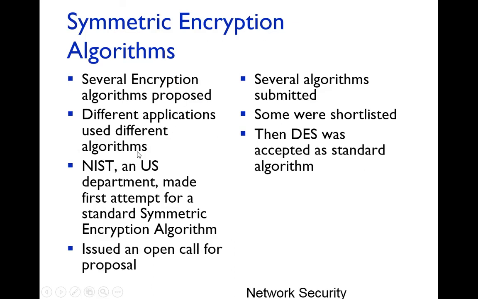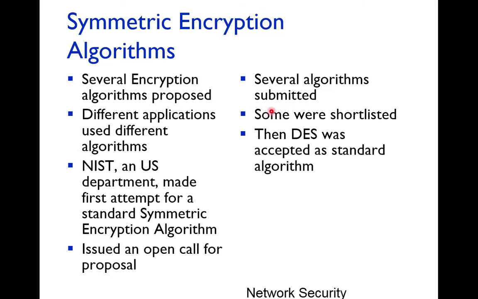Basically, before this, each application was using its own encryption algorithm. So NIST called for encryption algorithms. All of them were invited and analyzed based on their weaknesses, advantages, disadvantages, and limitations, and then some of the best ones were shortlisted.